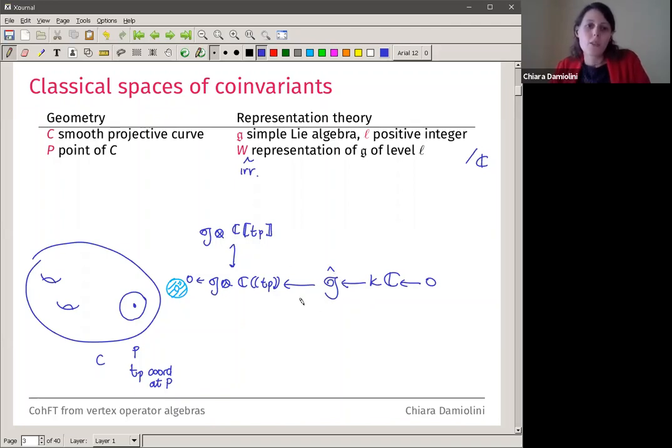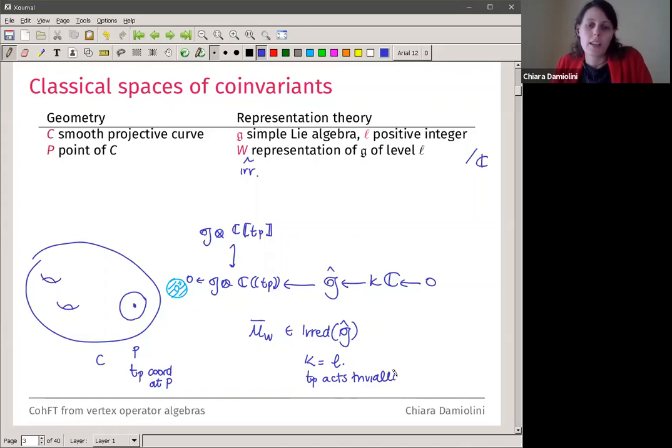And there is a unique way to associate to the representation W of g an irreducible representation of this g hat, such that K acts as multiplication by l and it is induced by g, in the sense that elements of g act as if they were acting by W, and such that t_P acts trivially.